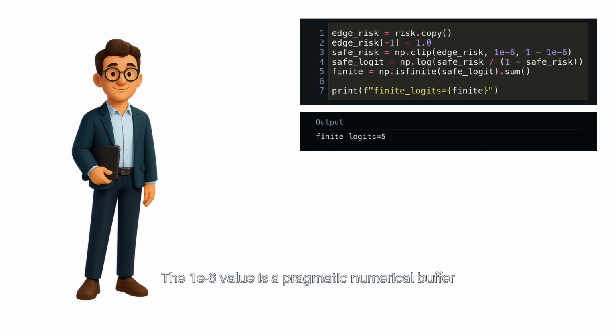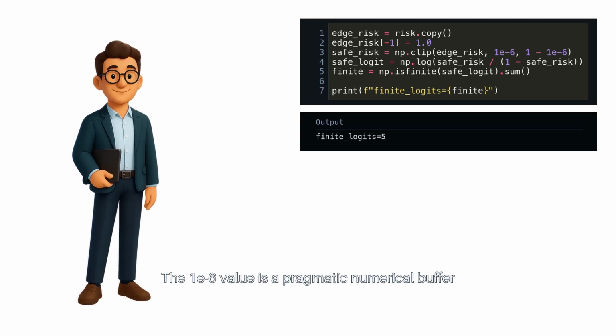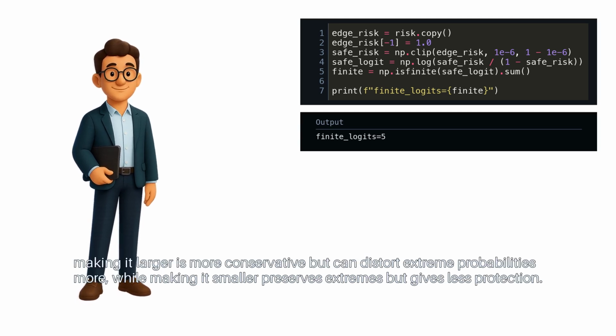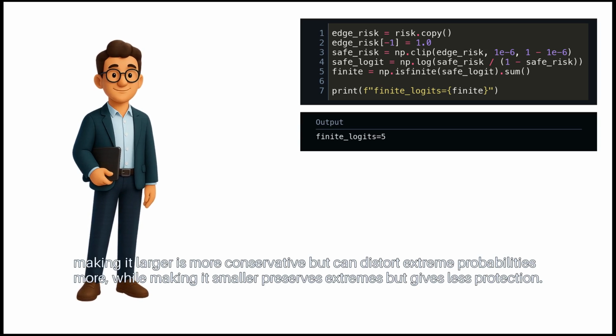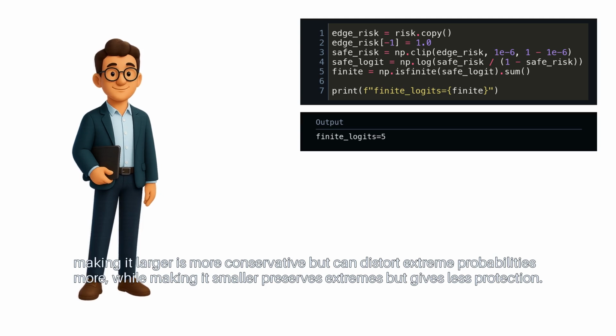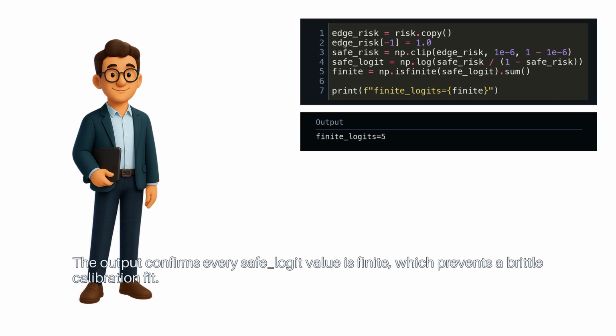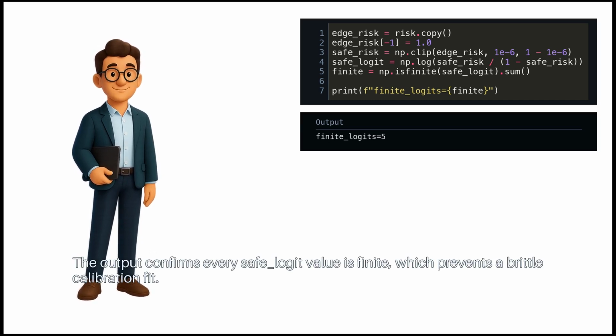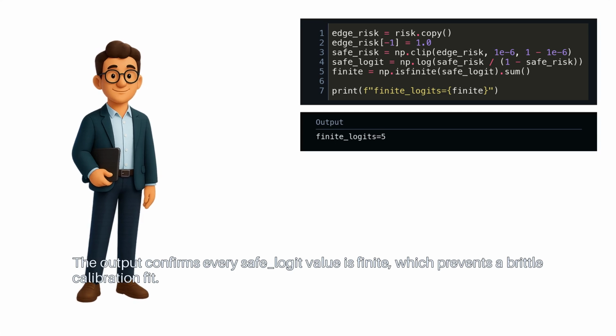The 1e-6 value is a pragmatic numerical buffer. Making it larger is more conservative, but can distort extreme probabilities more, while making it smaller preserves extremes, but gives less protection. The output confirms every safe logit value is finite, which prevents a brittle calibration fit.